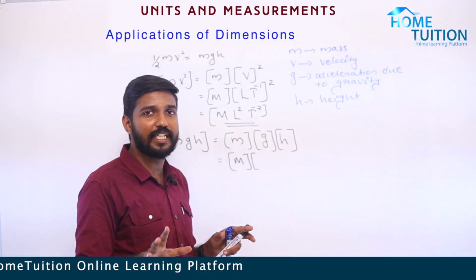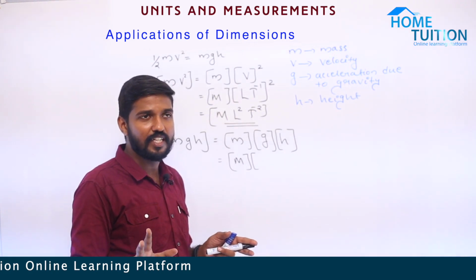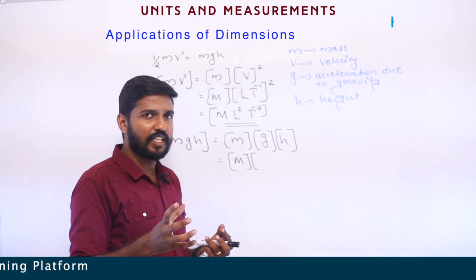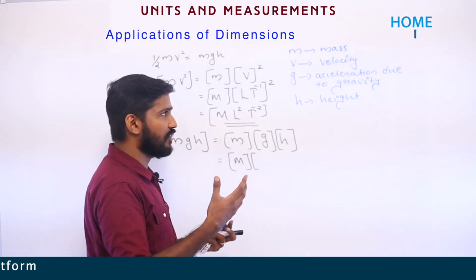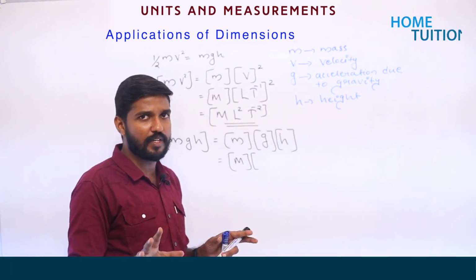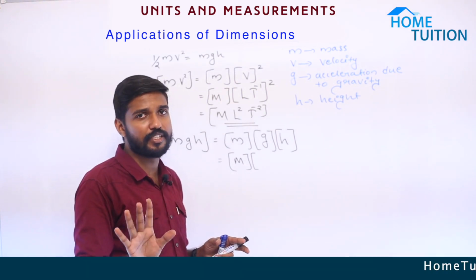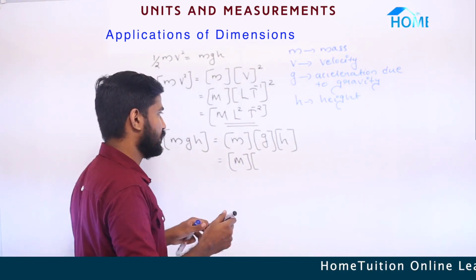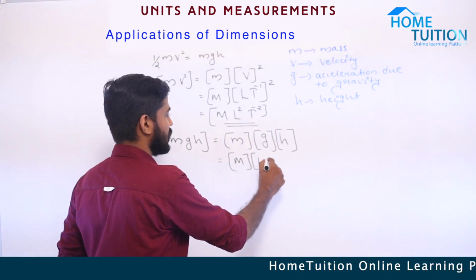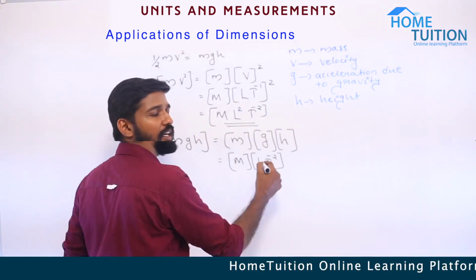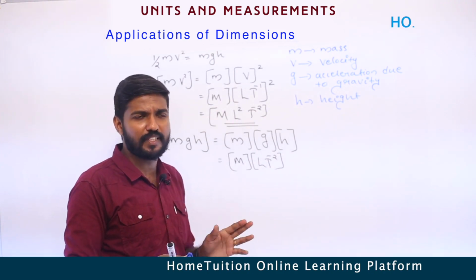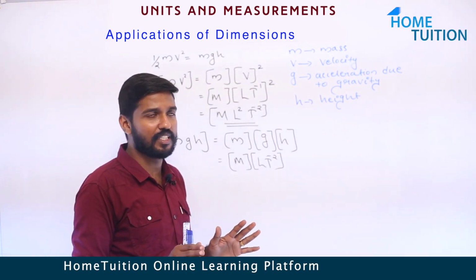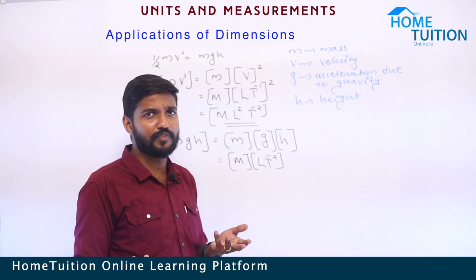So the acceleration a and the acceleration due to gravity g both have the same dimension, L t raised to minus 2. Whether it is due to gravity or some other force, it is acceleration.